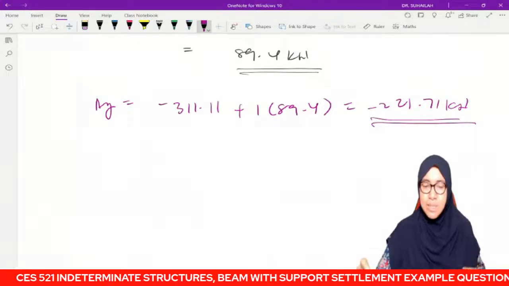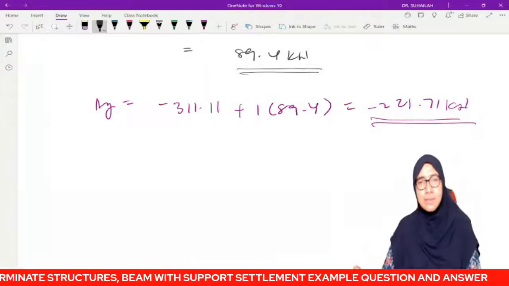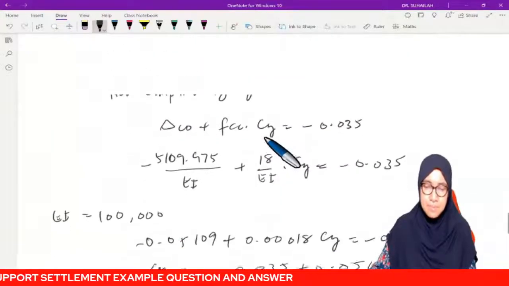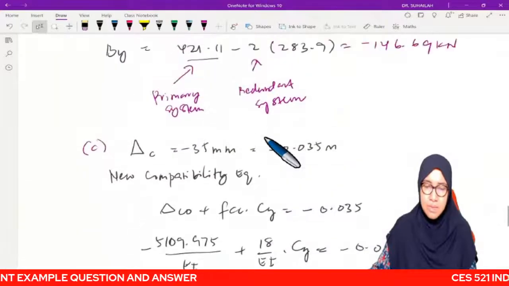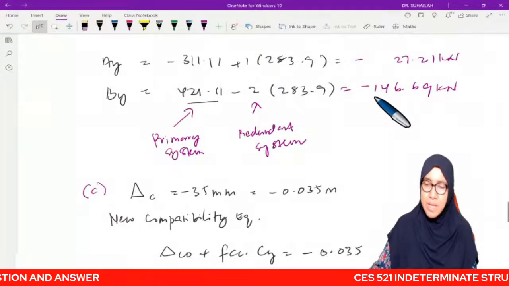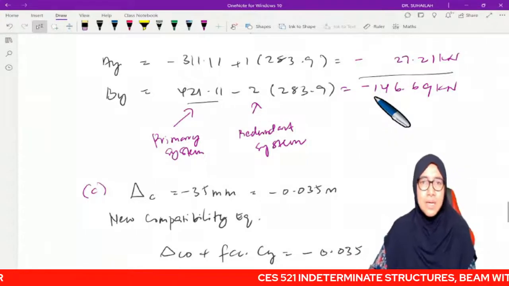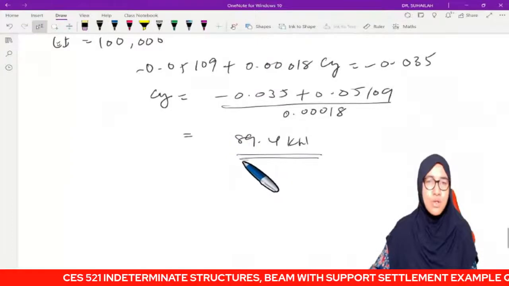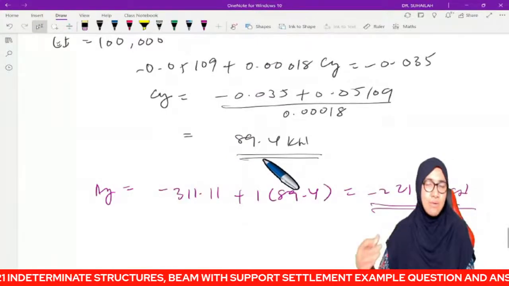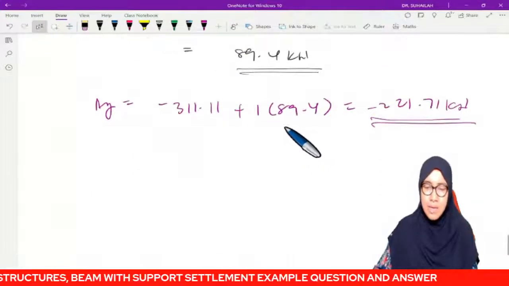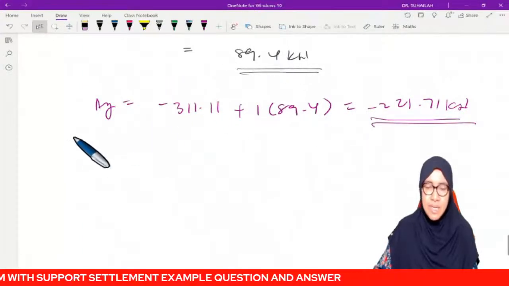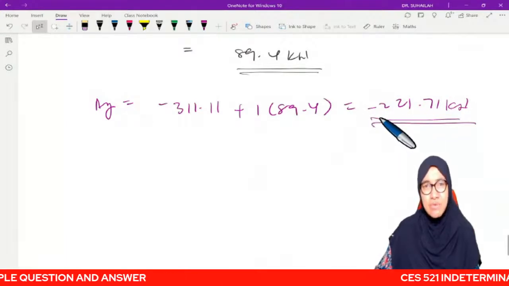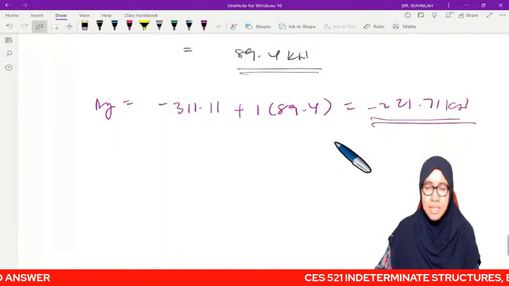Without settlement, we get negative 27.21. After settlement, AY becomes negative 221.71.